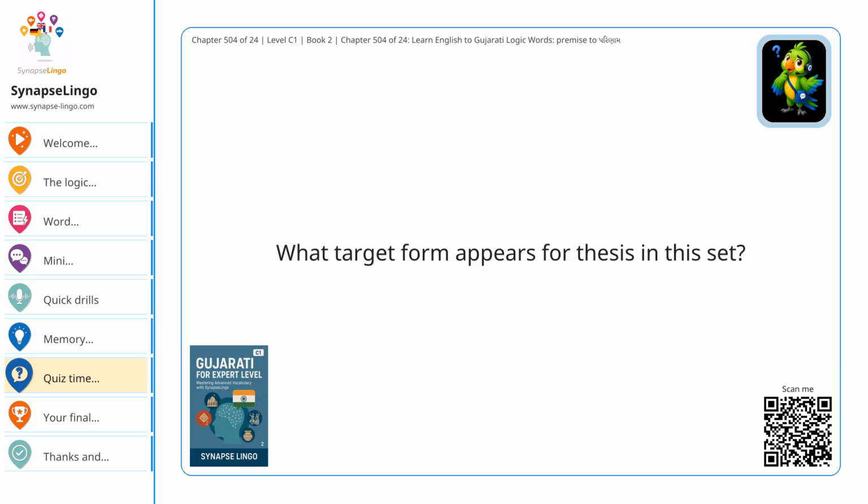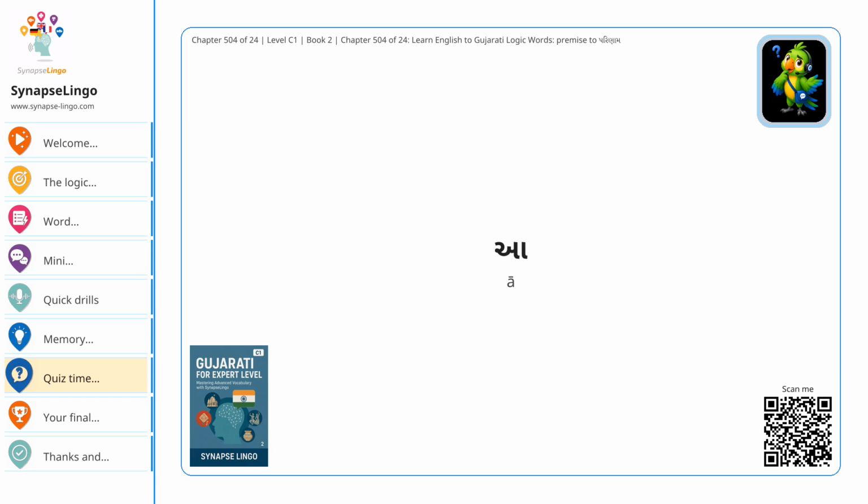What target form appears for thesis in this set? આ. What is the Gujarati word for hypothesis? પરિકલ્પના. What is the Gujarati word for conclusion? નિષ્કર્ષ. What is the Gujarati word for implication? સૂચિતાર્થ. What is the Gujarati word for consequence? પરિણામ.